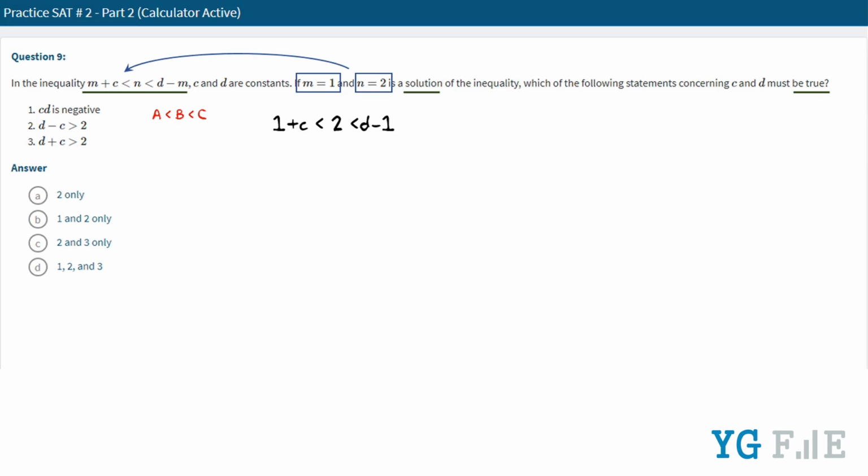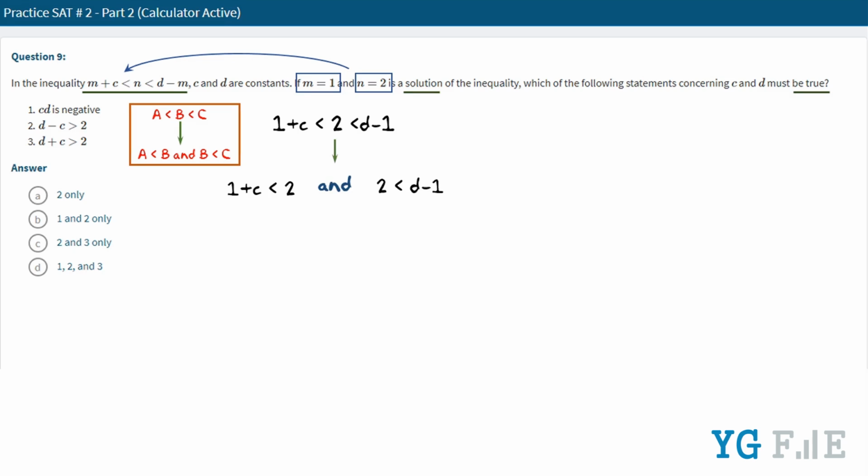Therefore, these inequalities can be rewritten as a is less than b and b is less than c. Then using these concepts, we can rewrite our inequality as 1 plus c is less than 2 and 2 is less than d minus 1.